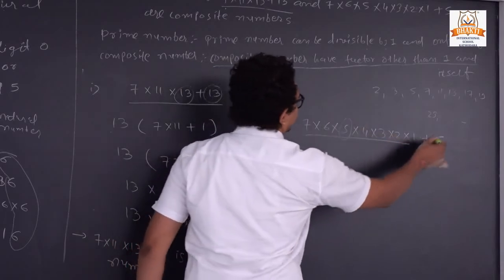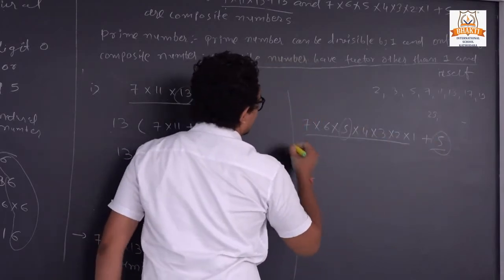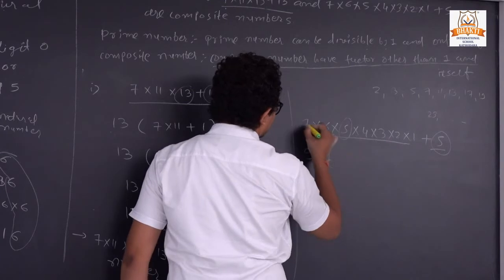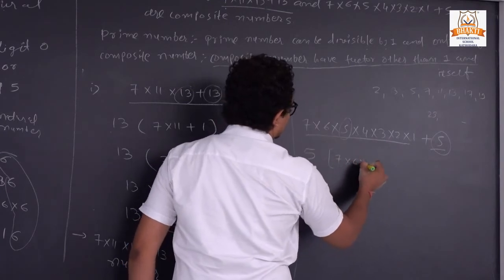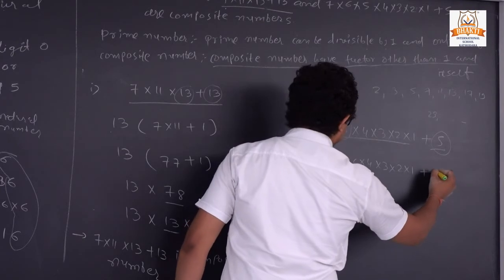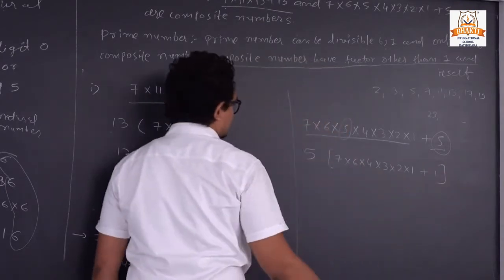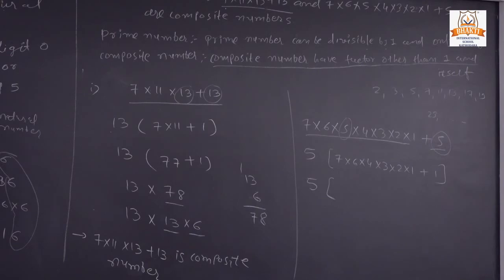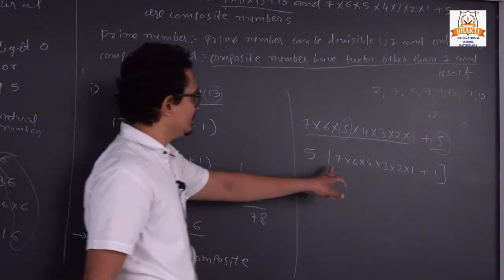So here 5 is a common term, so we can take 5 as a common number. So here we have 7 into 6 into 4 into 3 into 2 into 1 plus 1. So you can see that 7, 6, 4, 3, 2, 1 are all in multiplication.